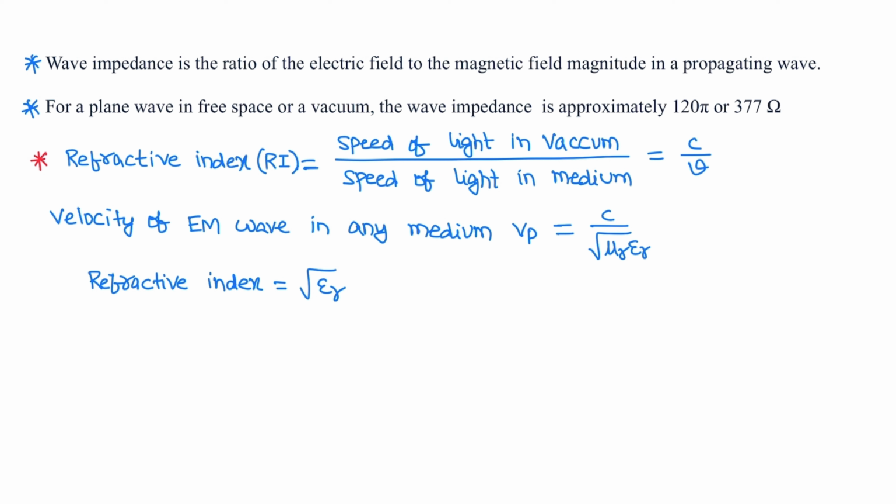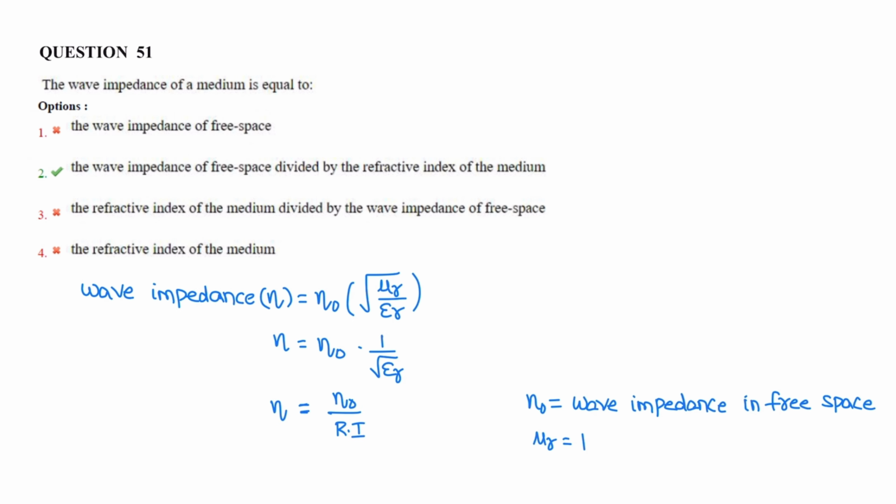The refractive index is the square root of epsilon r. We know that wave impedance eta naught is equal to square root of mu by epsilon. So mu r can be treated as 1 because the medium is not mentioned, hence assume it as a non-magnetic medium.